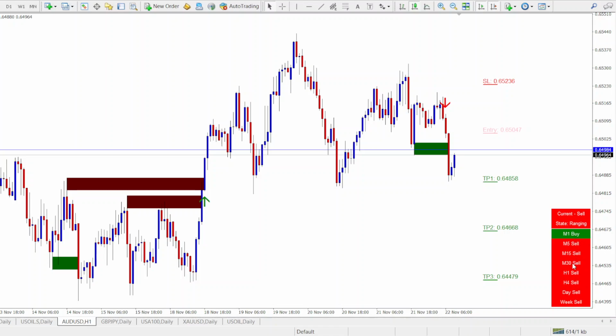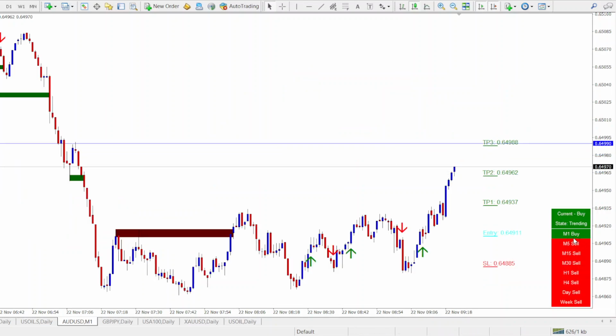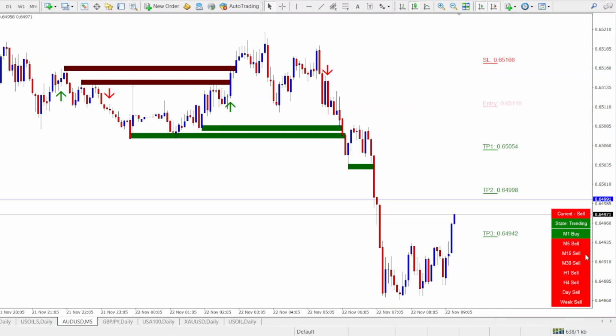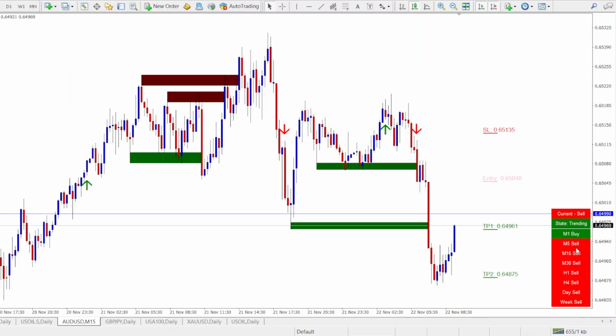As we can see, the 1 minute time frame is a buy, the 5 minutes is a sell, the 15 minutes is a sell. So you can see all the signals from the 1 minute to the weekly time frame, all given by the indicator. In addition to that, the indicator identifies support and resistance zones and gives precise entry points.